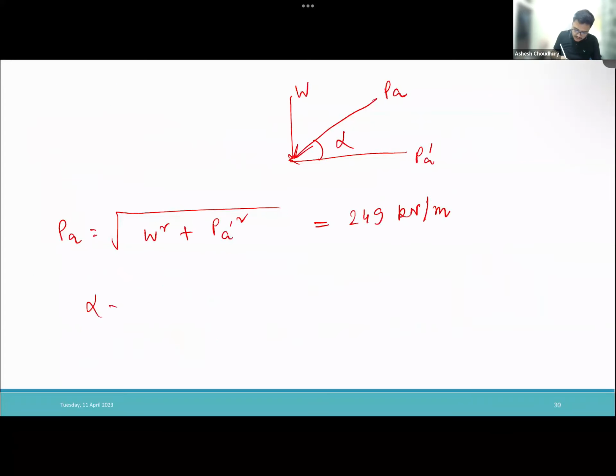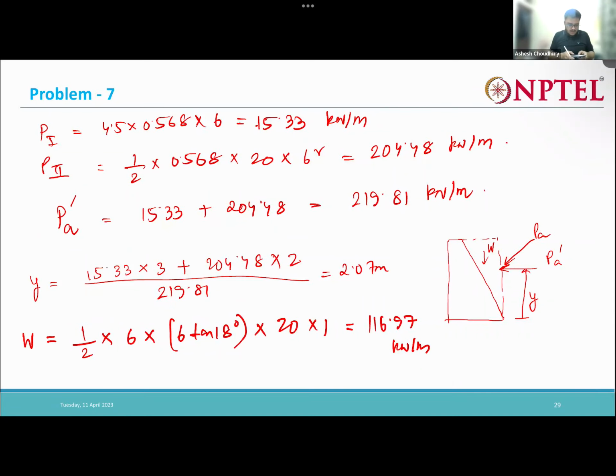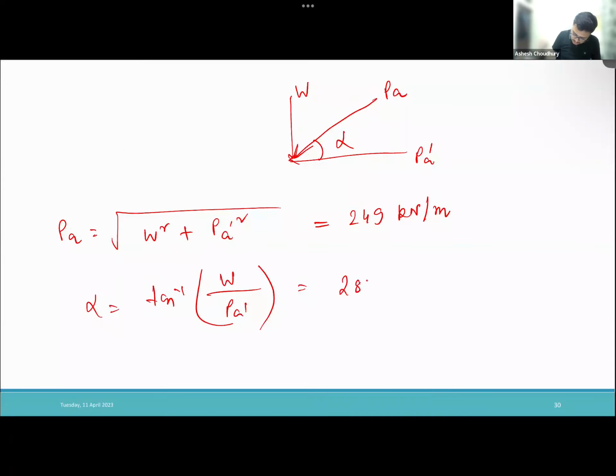And what is this alpha? Tan inverse W by PA dash I can do. So tan inverse of W by PA dash is 28.02 degrees. Okay.